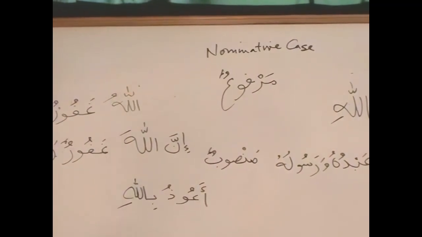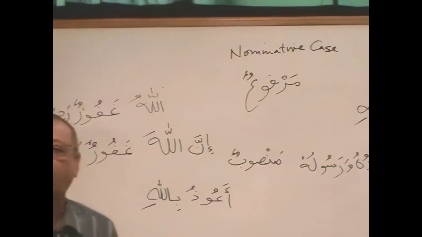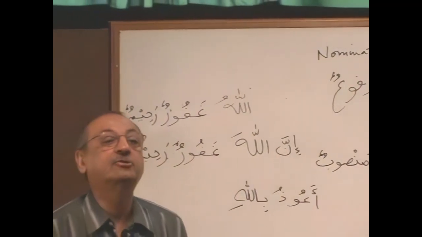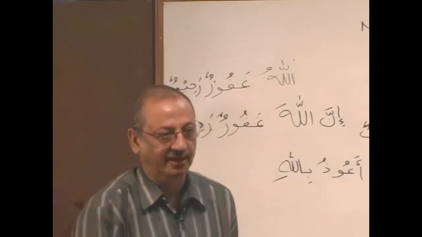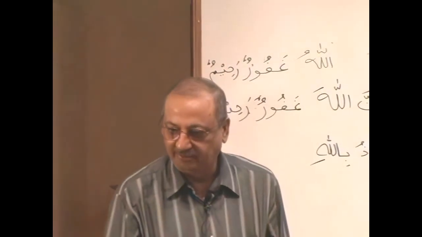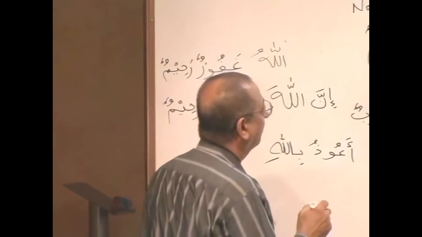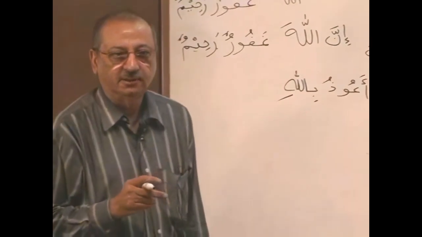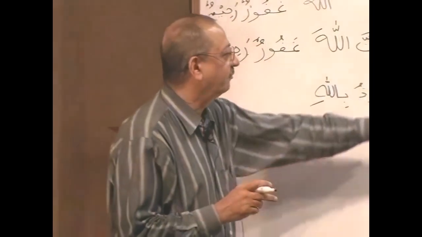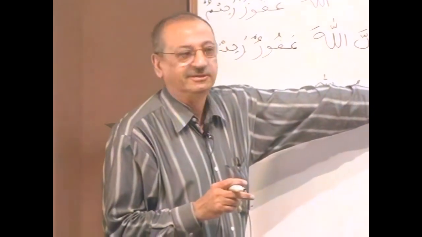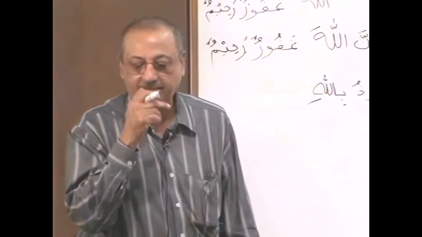What do we call it in English? Either you call it objective case or accusative case. It's mentioned there. Objective case or accusative case. Are you with me, brothers and sisters? Yeah. But we will memorize these terms that I'm writing.